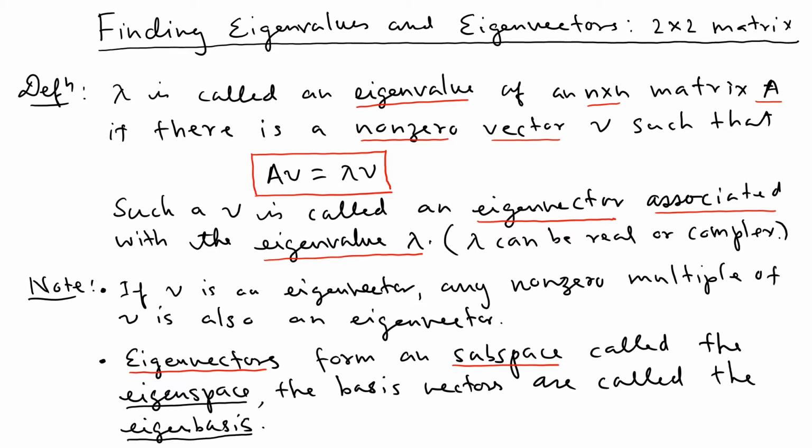So let's see how to find the eigenvalues and eigenvectors. There are two steps.